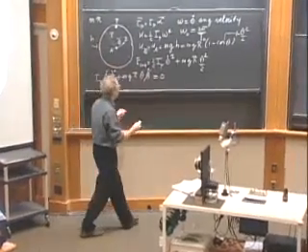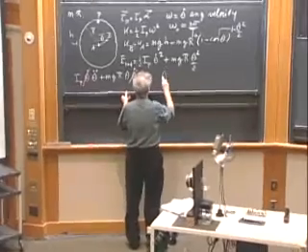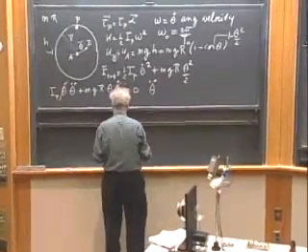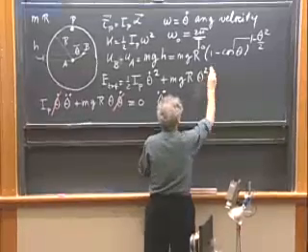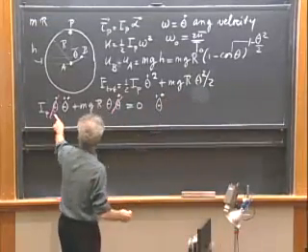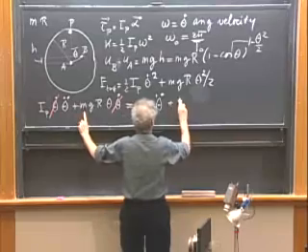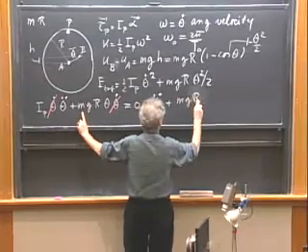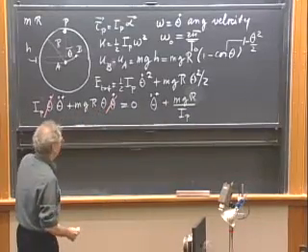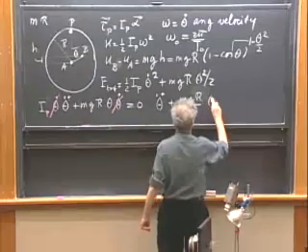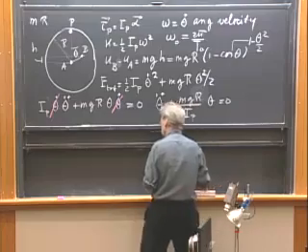And so your differential equation takes on now a very familiar form. I get theta double dot plus mgr divided by I_P times theta equals 0.